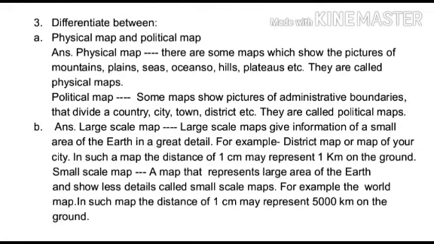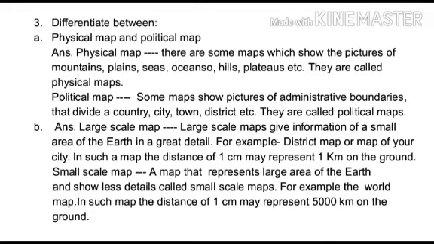B. Large scale map and small scale map. Answer. Large scale map. A large scale map gives information of a small area of the earth in great detail. For example, a district map or map of your city. In such a map, the distance of 1 centimeter may represent 1 kilometer on the ground.